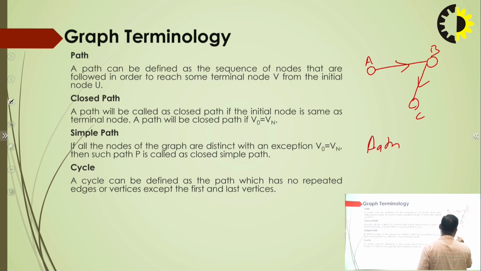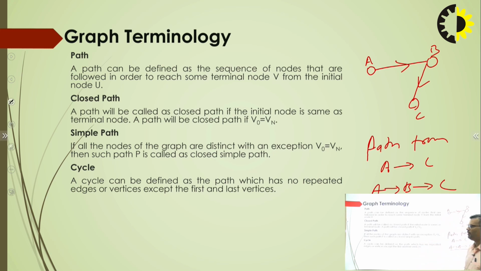The path from A to C is A to B and B to C. This is the path. Here A is the initial node and C is the terminal node.